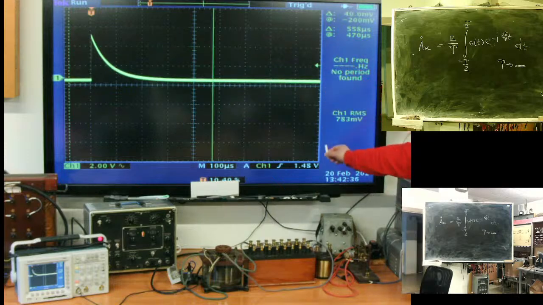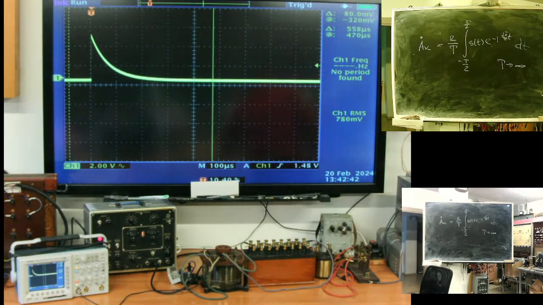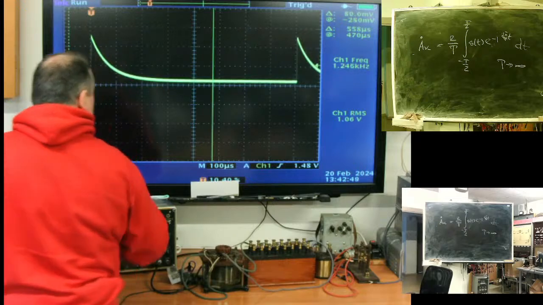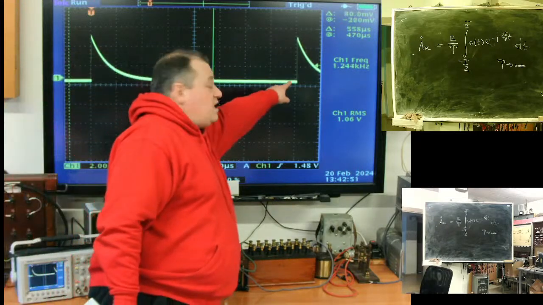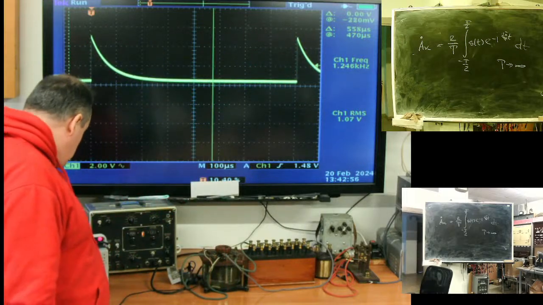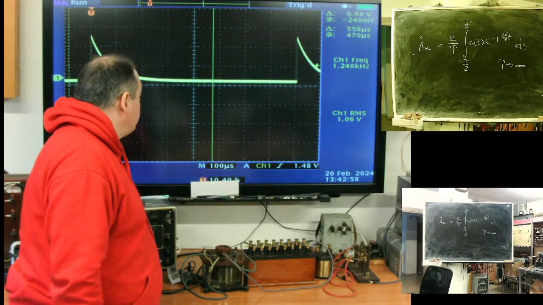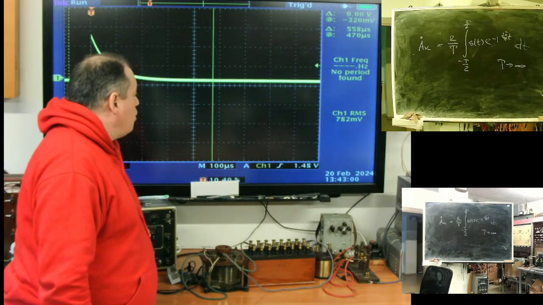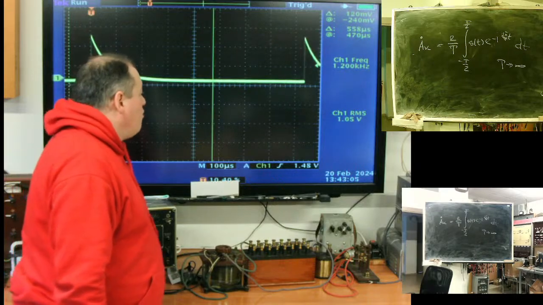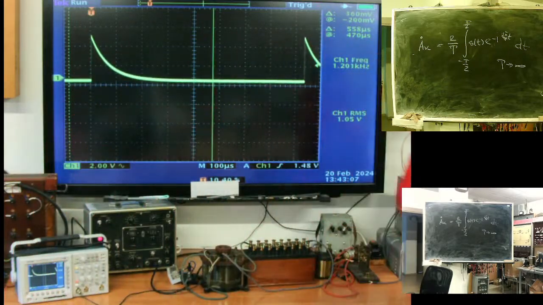Nothing after this line. When the next pulse is seen, the signal is periodic. No pulse: the signal is not periodic, not repeating. For my scope, time ends here.